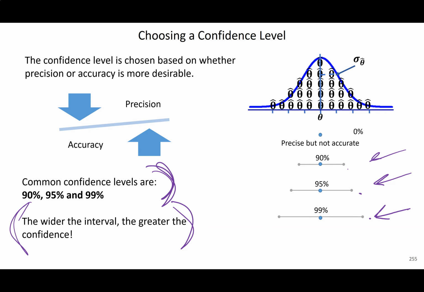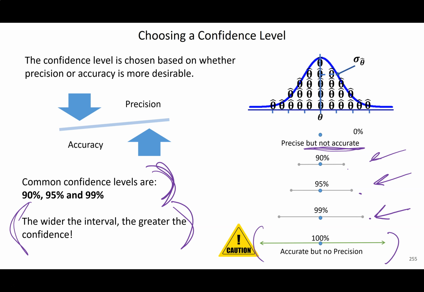I have my point estimate, which is extremely precise because it's a single point. However, it's not accurate that often, right? You're either exactly right or you're wrong a lot of the time. And on the other end, if I basically include all possible values, it's accurate, like you're 100% guaranteed to be correct, but there's no precision, and that could be very unuseful.